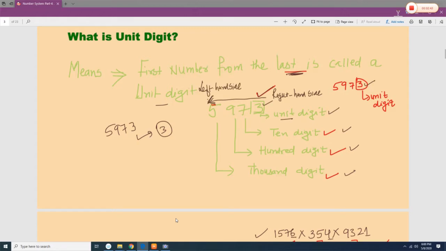The number at the extreme right is the unit digit, then the tens digit, 7 is the tens digit, 9 is the hundreds digit, and 5 is the thousands digit, like that. So our focus in this chapter will be on the unit digit.